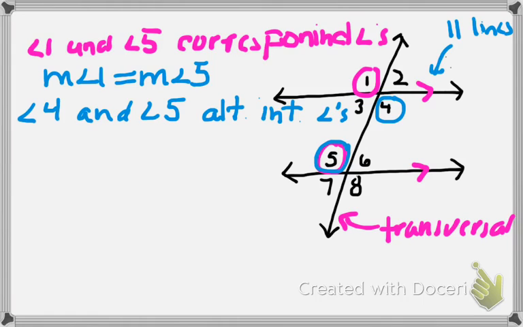Alternate interior angles are angles that are inside, and by inside that means in between the 2 parallel lines, alternating because one is on one side of the transversal and the other is on the other side of the transversal. The relationship between alternate interior angles happens to be that the measures of those angles are also equal. So the measure of angle 4 is equal to the measure of angle 5.